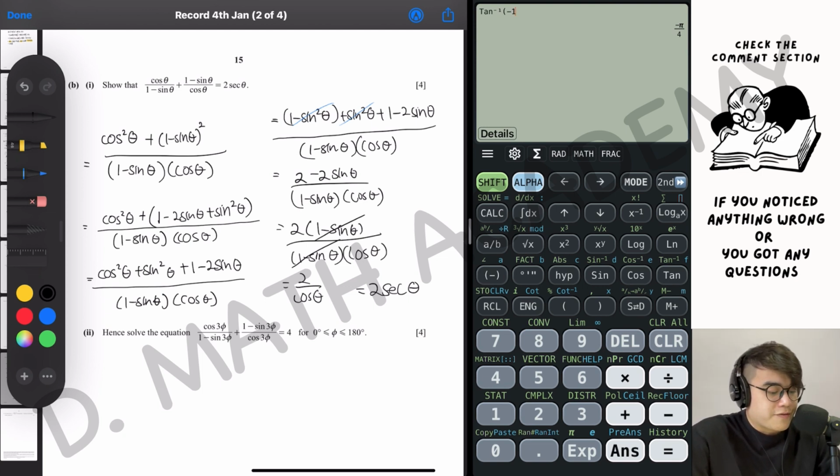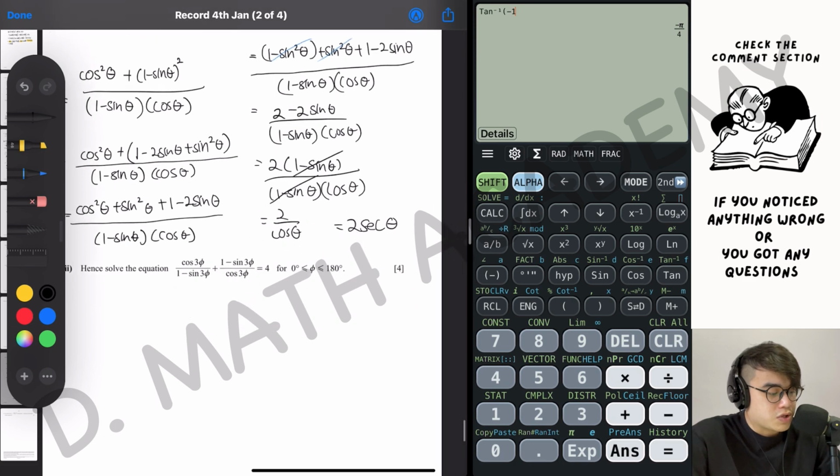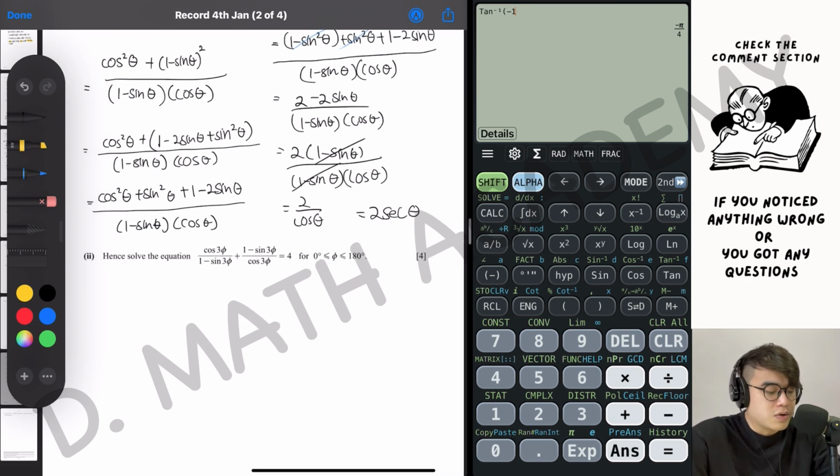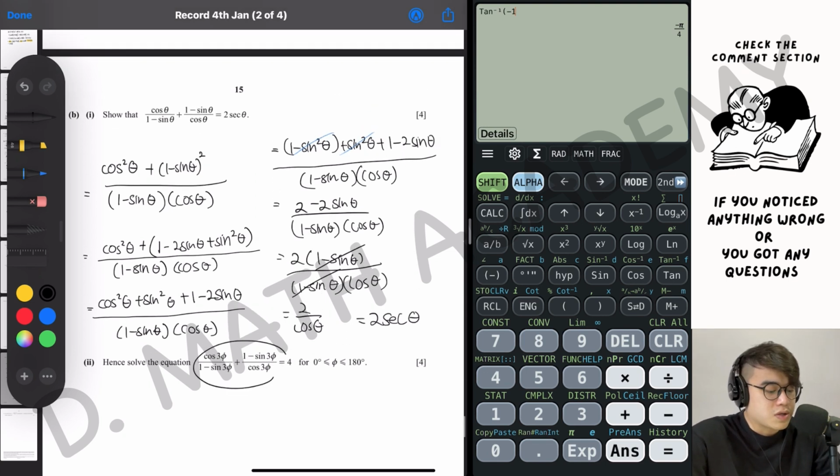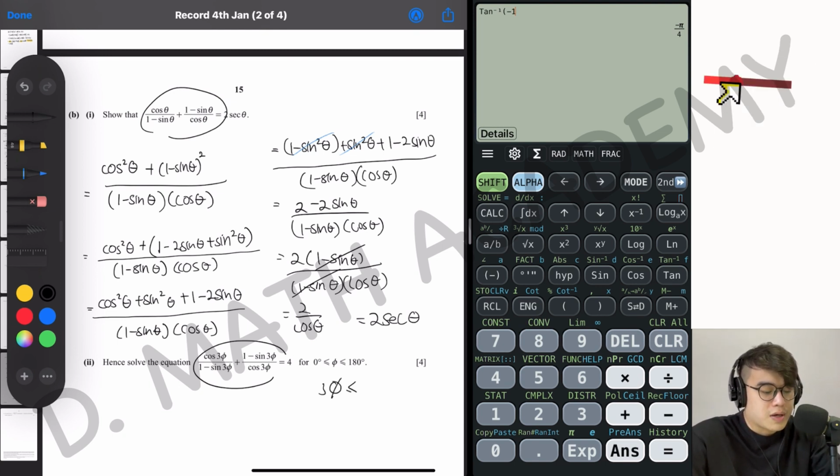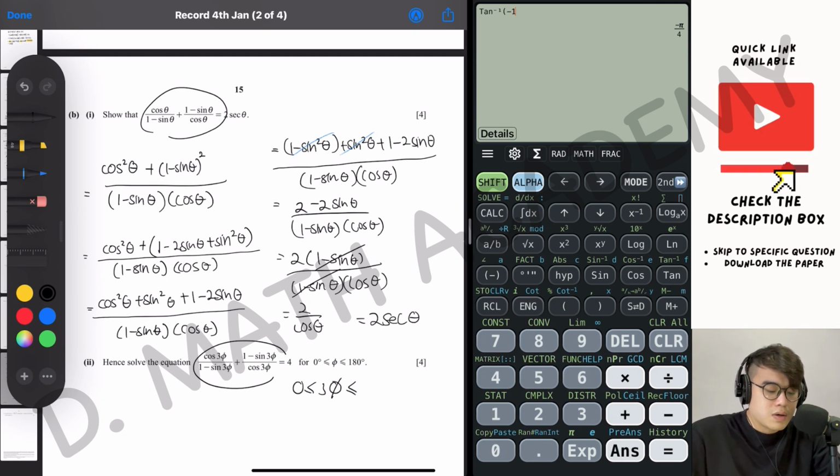So looking at the final and one last question here. Kindly take note, the only changes between this part and this part was that they used a different symbol and the range was extended. So 3 of these will make it until 540.